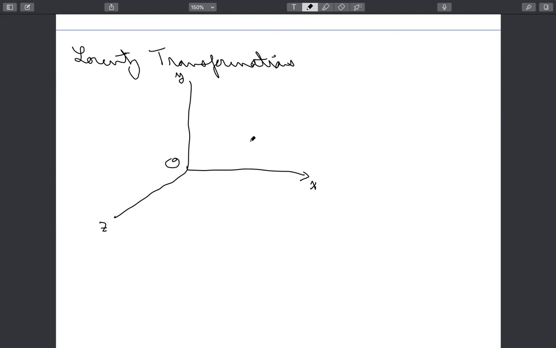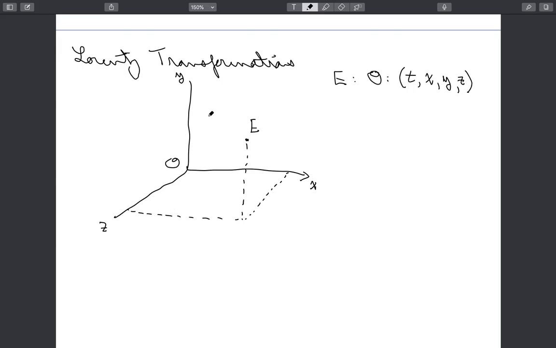And now we imagine that we have a certain event in space-time here. Okay, so this is an event that occurs at a particular time, and in the frame of reference O it corresponds to a space-time point given by coordinates t, x, y, and z. Okay?